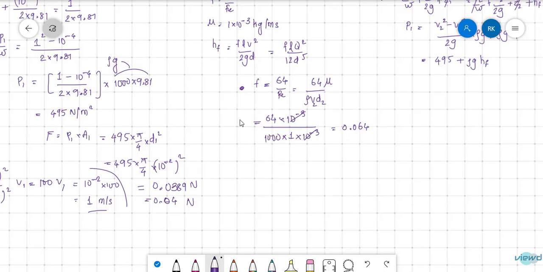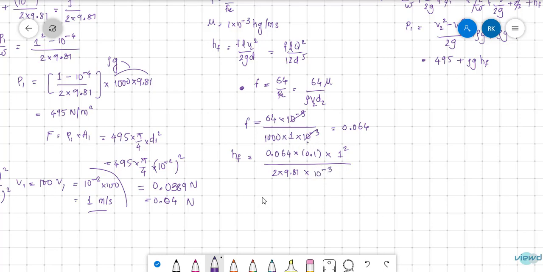So substituting this in HF, 0.064 into length. The length of the needle is 100 mm, which means 0.1 meter, into V2 square. What is V2? V2 is 1 meter per second, so 1 square divided by 2 into 9.81 into diameter. The diameter of the needle is 10 power minus 3 meter.